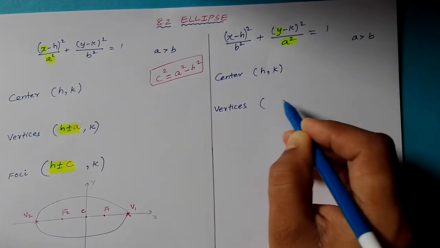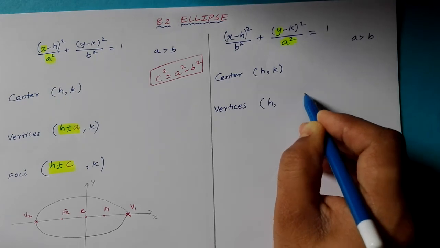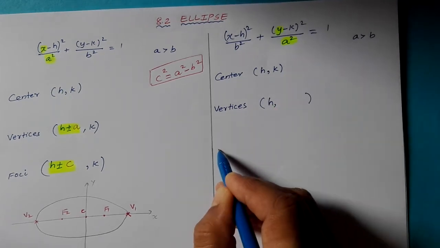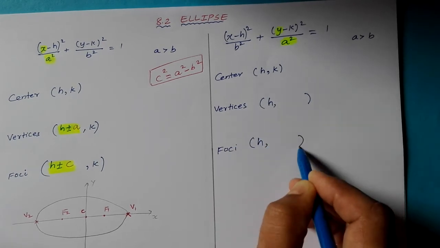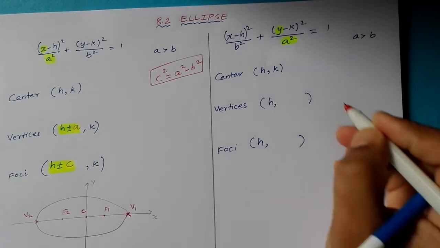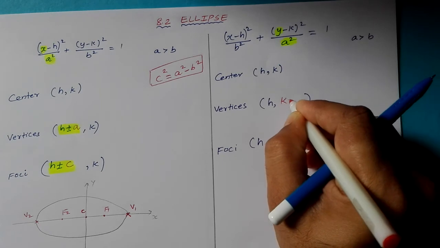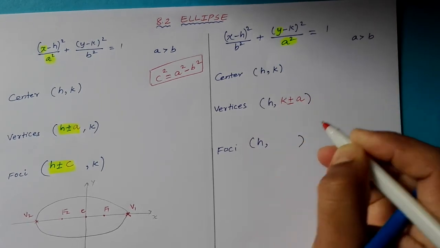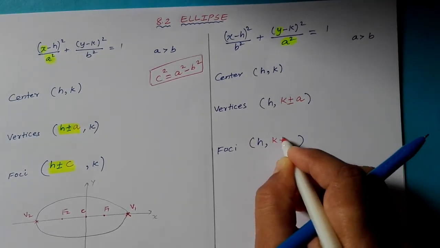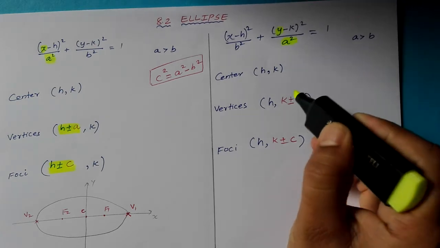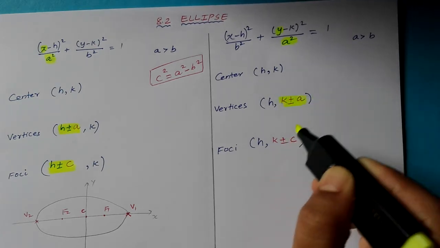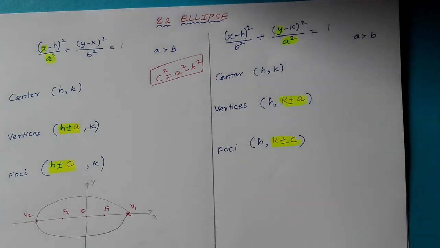Vertices: you have h, and there will be a change in y, so this is k plus or minus a, and for the focus, k plus or minus c. This is the difference, because a is present below y, therefore change in y.